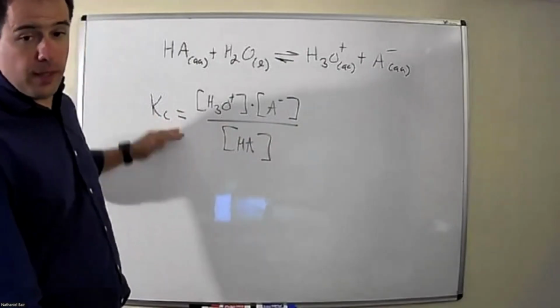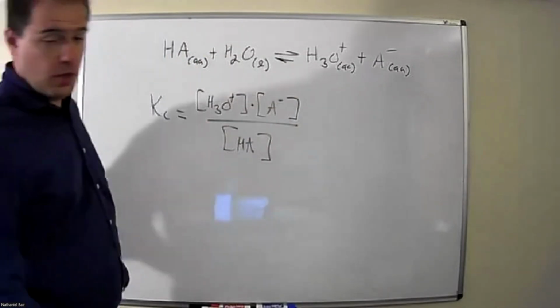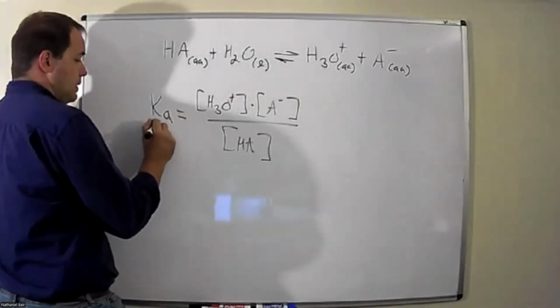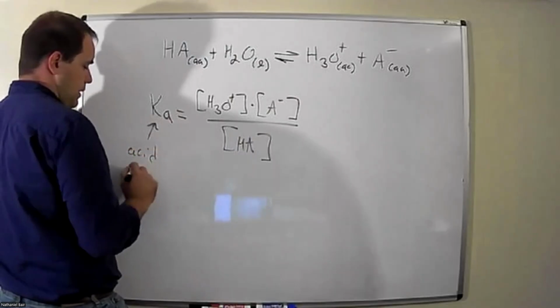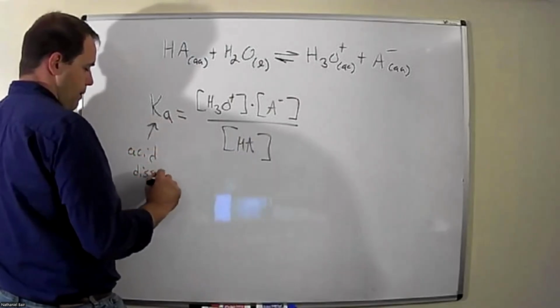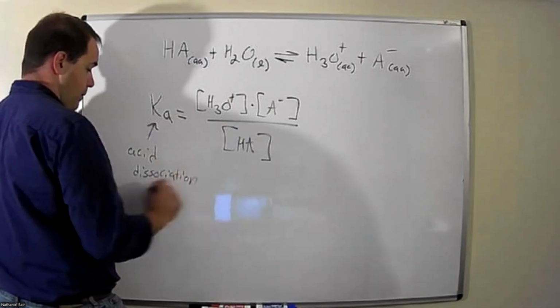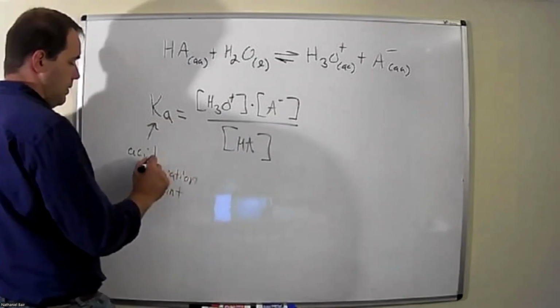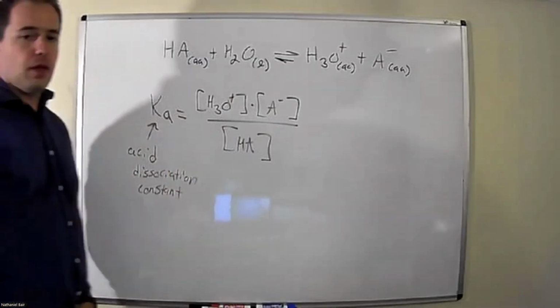Since this is the equilibrium constant for an acid dissociating, we call it a Ka, which stands for acid dissociation constant.